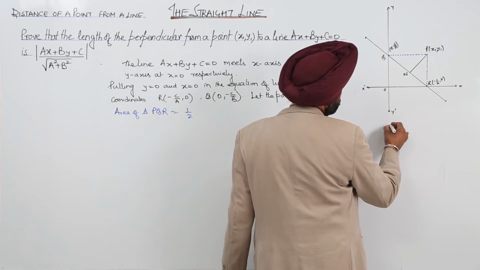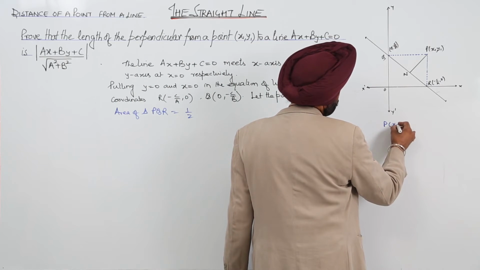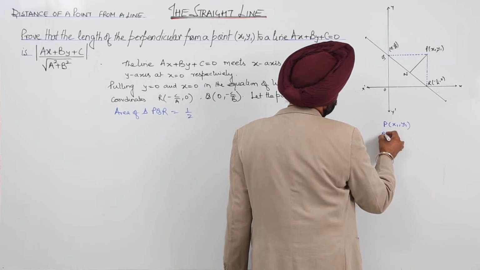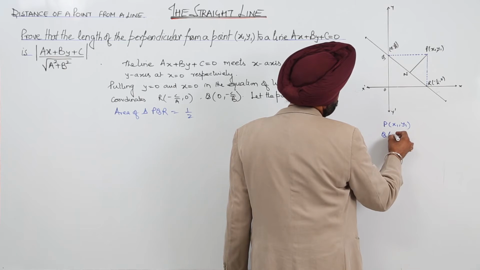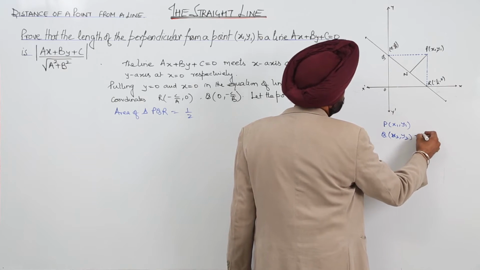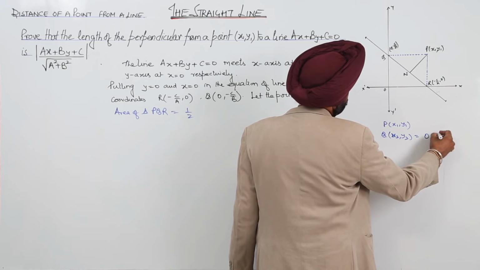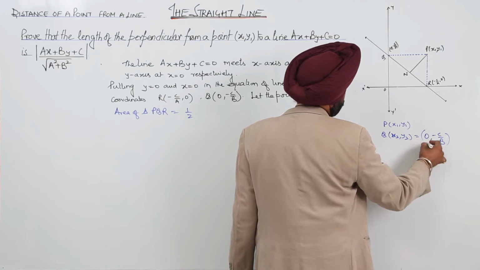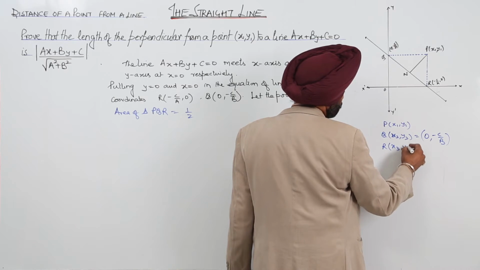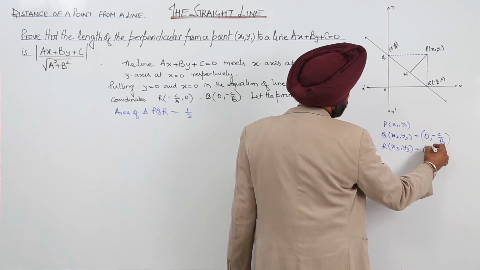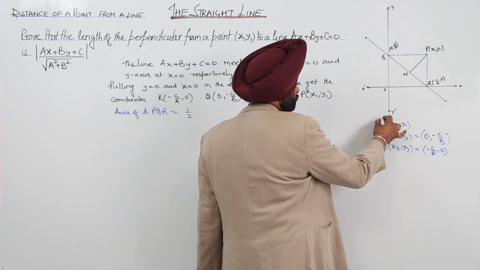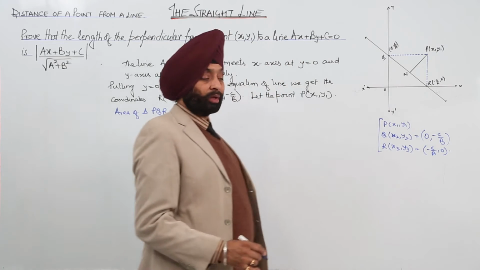What are the coordinates? We have P (x1, y1), Q (x2, y2) is equal to 0 comma negative of c upon b, and R, let it be (x3, y3), with negative of c upon a comma 0. Okay. So these are the coordinates I have just clearly mentioned.